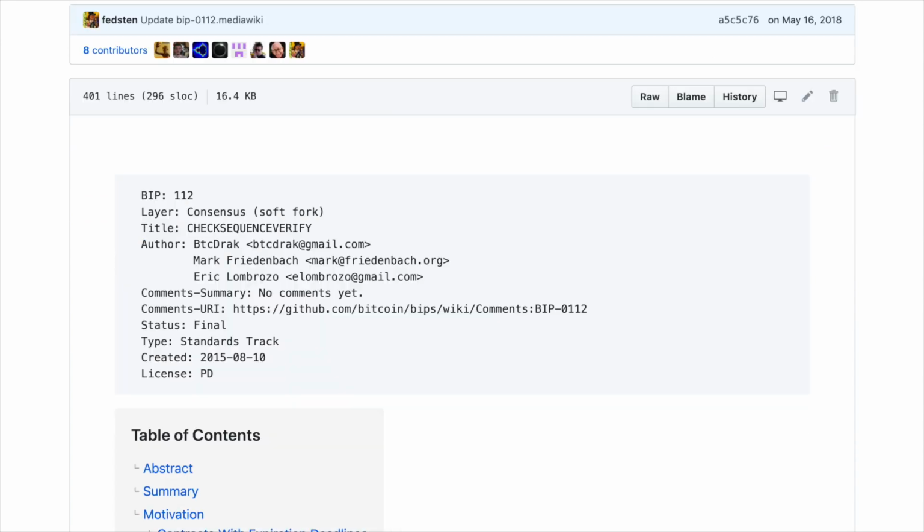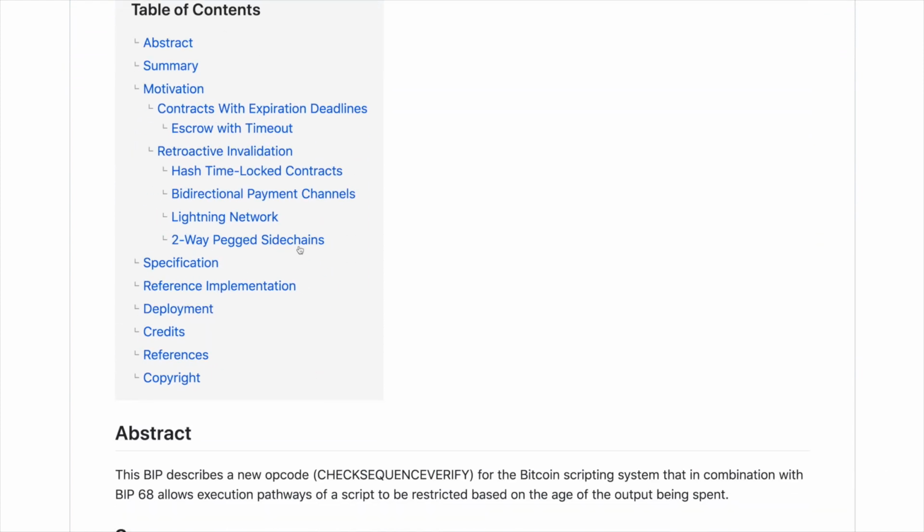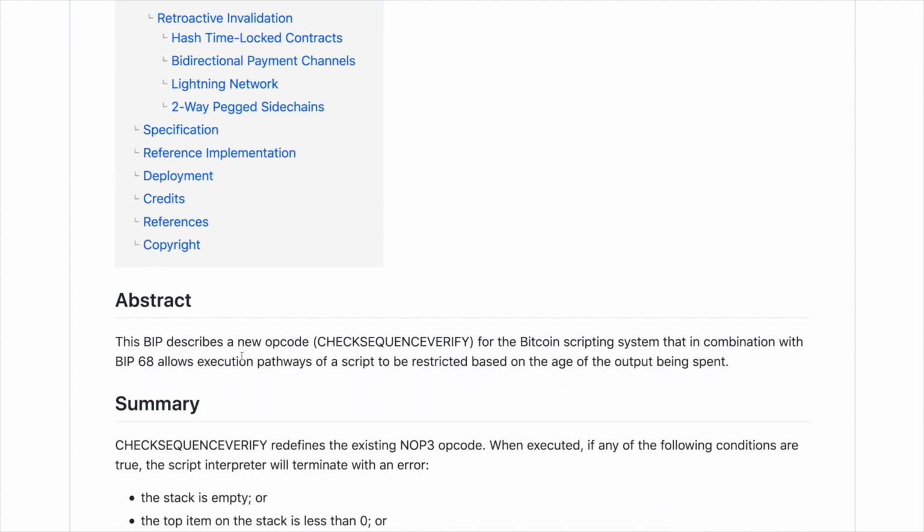The other opcode is defined in BIP 112. This is called CHECKSEQUENCEVERIFY. So instead of a specific absolute time, this opcode is verifying the depth of the blocks, or how many blocks the transaction is away from the previous output being spent.